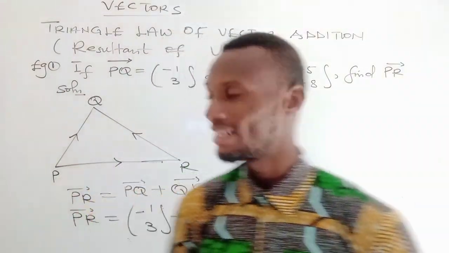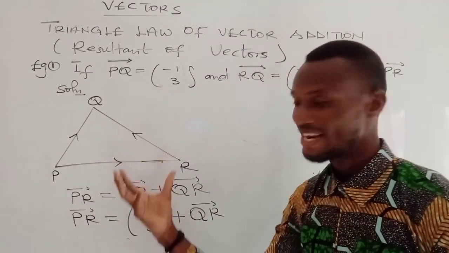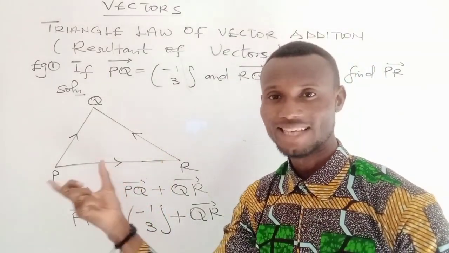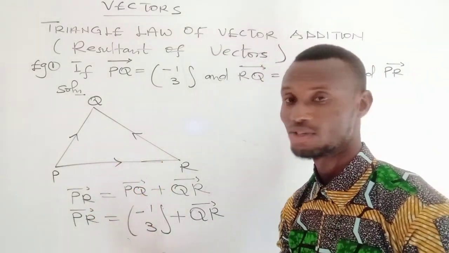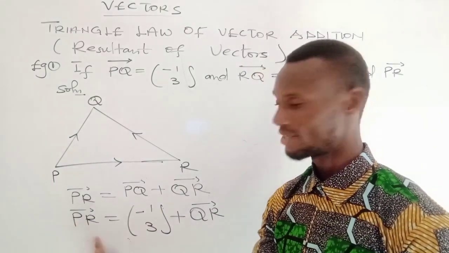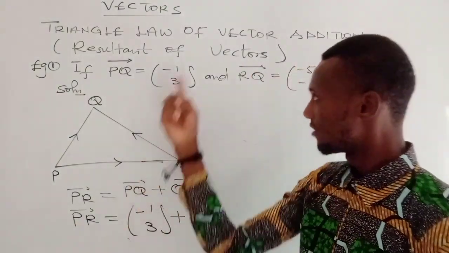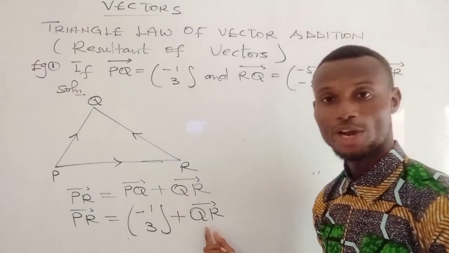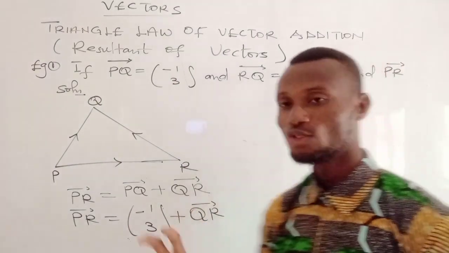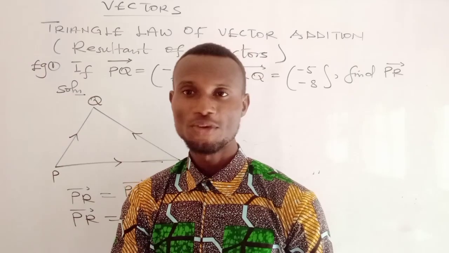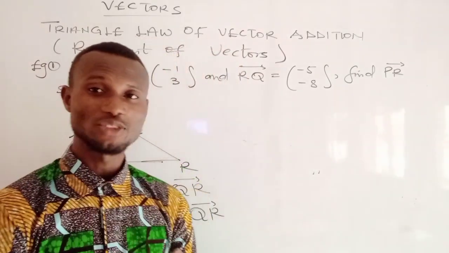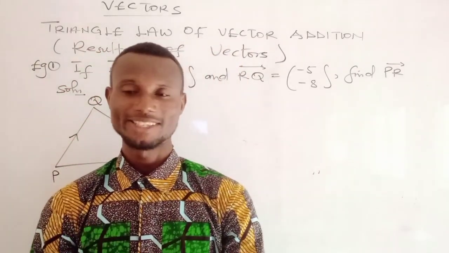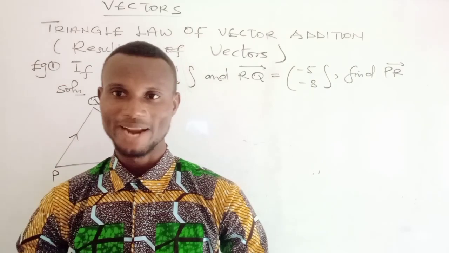Okay, all that we did is that after we stated the triangle law of vector addition, we input the values. We don't know PR, repeat it, equal sign. PQ was given, so we put our PQ there, plus QR, we don't know, we're not given QR. So we need to find that QR. How do you find that QR? I taught you the inverse of a vector and we are going to apply it here.